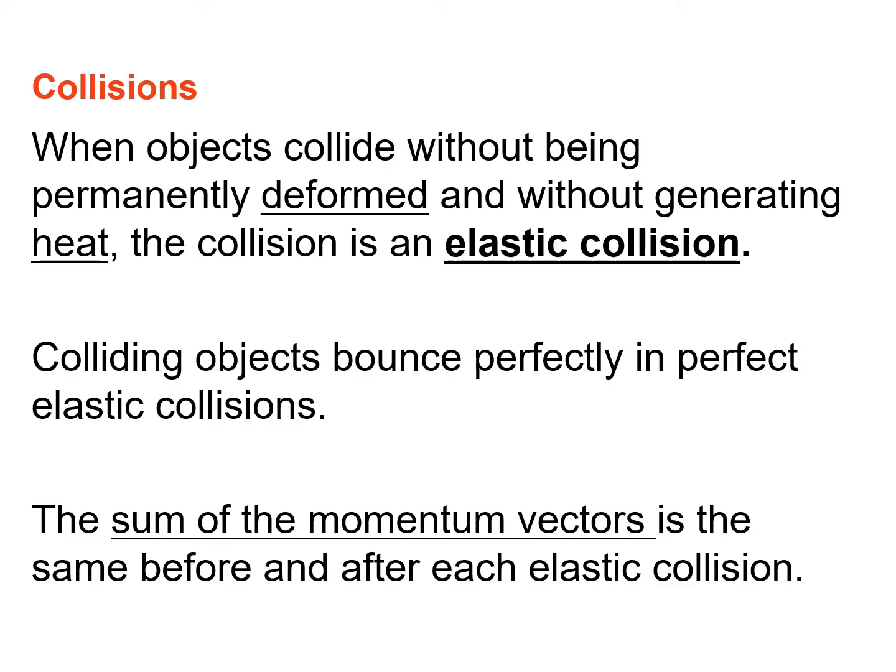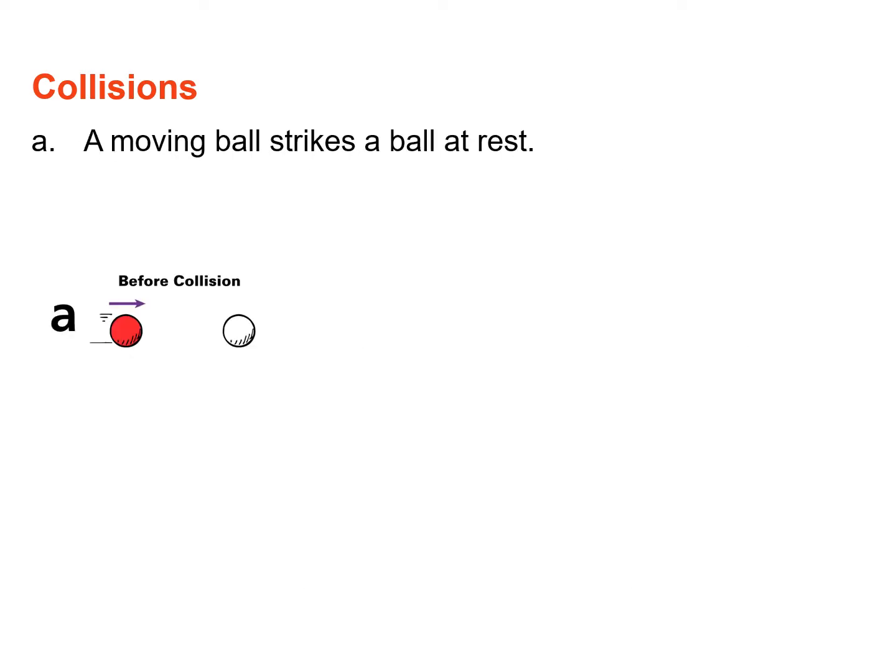What we'll find is, if we add the momenta of the separate parts of the system together, then it should be the same before and after the elastic collision. So here's a billiard ball, and it's going to strike another.